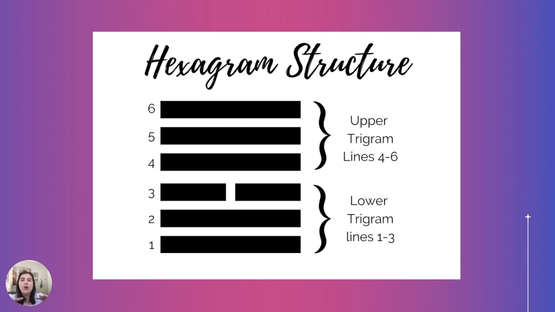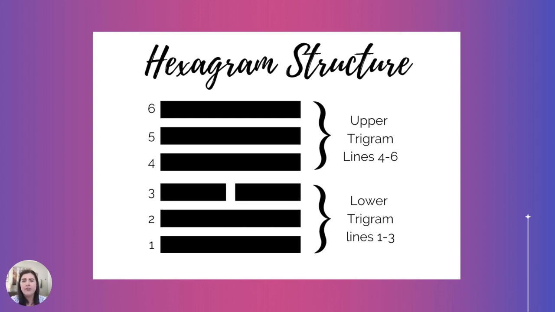Okay, so if you notice, line 1 starts at the bottom of the trigram and works its way up to line 6. And lines 1, 2, and 3 are part of the lower trigram. These lines all focus more on the trigram itself. They are more internal lines. And then lines 4, 5, and 6 are upper trigram lines, and they more externalize what that hexagram or that gate's energy is all about.